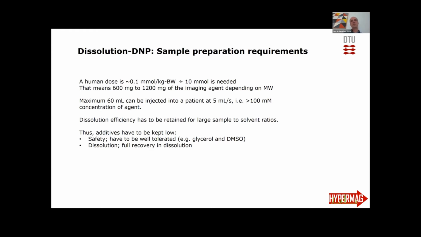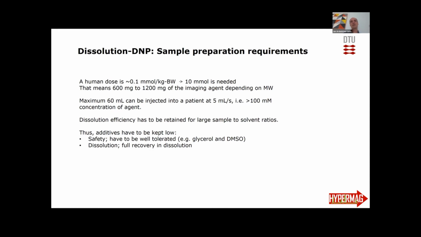So endogenous molecules which have no pharmacological effects would probably have safety levels on that order, or maybe possibly a little bit better. But that also means that we have to hyperpolarize a fairly large amount, like 10 millimole for a typical patient, or 1 to 2 grams of the substrate, of the imaging agent.